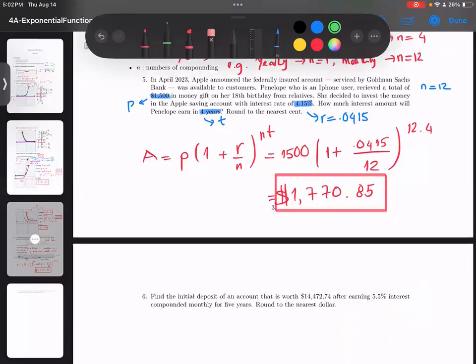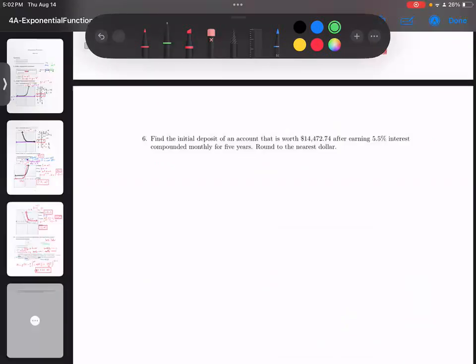All right, one last one. Find the initial deposit. First thing first, they're looking for P. So it's the initial deposit of an account that is worth 14,472.74. That's how much it's worth right now. That is A, my current amount, after earning 5.5%.